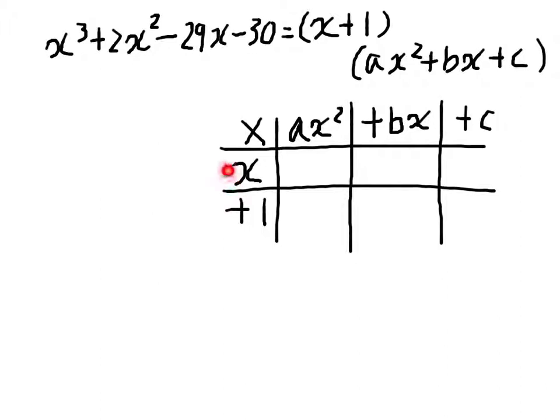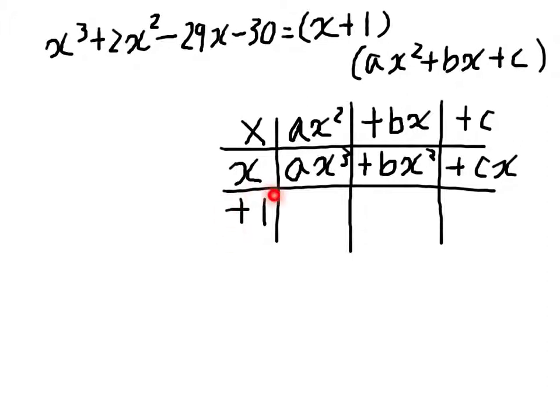Now I'm going to do x times ax squared and write the answer here. So x times ax squared is ax cubed. Then x times bx, so that will give me plus bx squared. Next, c times x is plus cx.